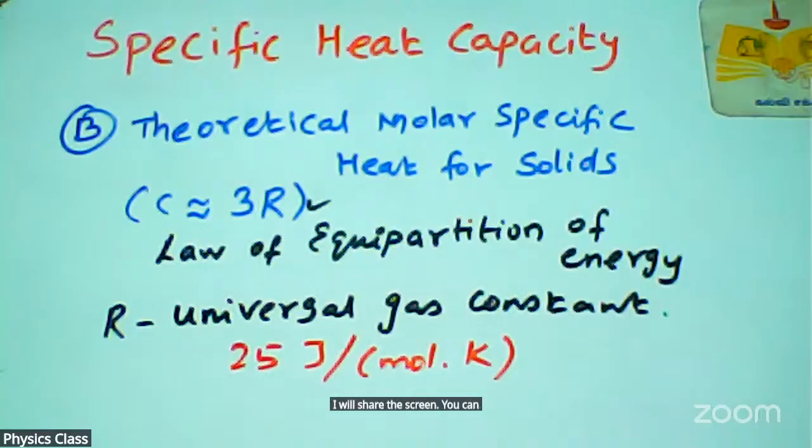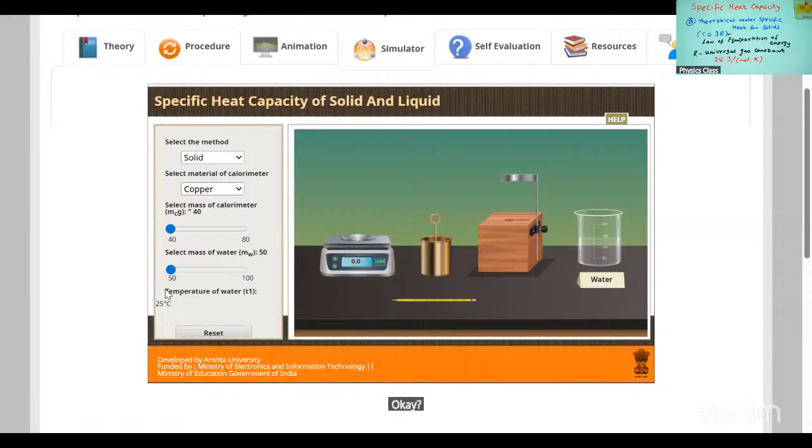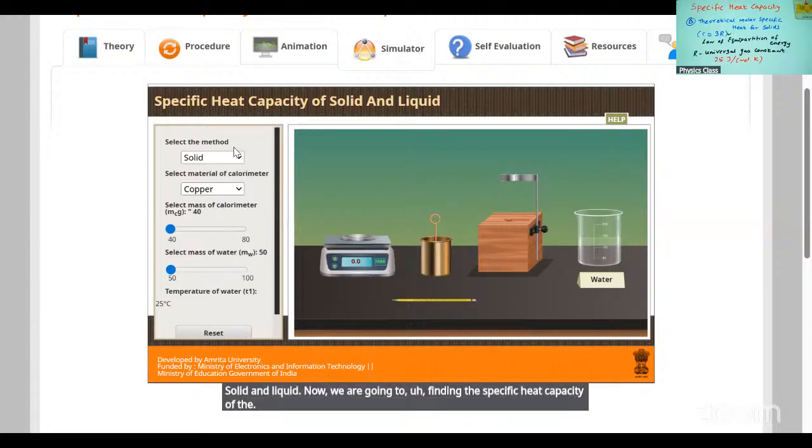You can see the simulation. So, the specific heat capacity of the solid and liquid.